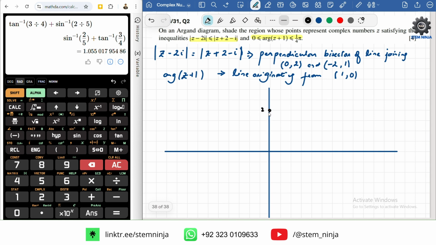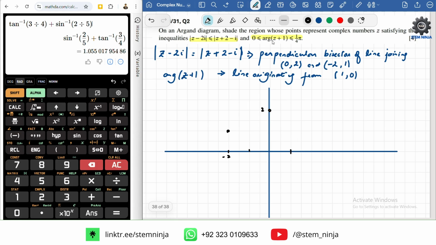So let's say this is your 2, and this is your -2. So this would be the -2, 1. Then you have the line originating from 1, 0. 1, 0 means like this one.